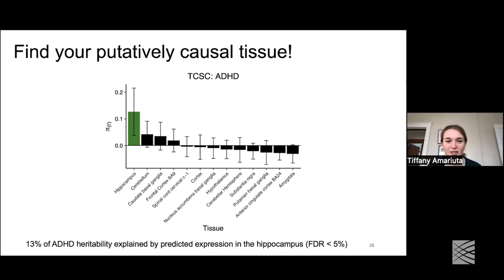And you can see the pi T prime results for all of the other tissues that are not significantly different than 0. Just quantitatively speaking, TCSC estimates that 13% of ADHD heritability can be attributed to the genetic component of gene expression in the hippocampus.